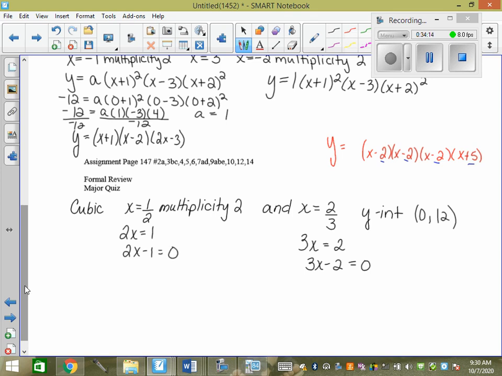So I just wanted to prove to you that these are the ones you make oopsies on, right? Most people are really good with like the x equals 3 because that's fast. These ones I get some crazy wonky answers. Okay? So we're going to get y equals a 2x minus 1 squared, 3x minus 2. And then I have to fill in x, y.